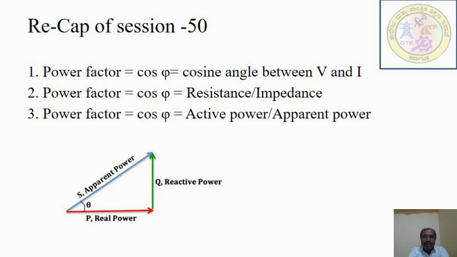Active power is real power, measured in watts or kilowatts. Reactive power is a wattless component, measured in VAR, volt-amp reactive, or kVAR. Apparent power is a combination of both real power and reactive power.